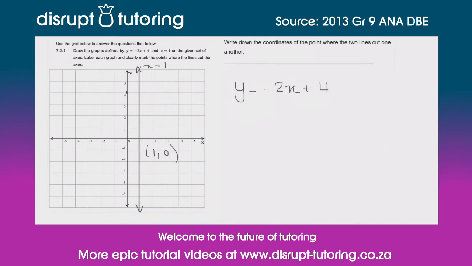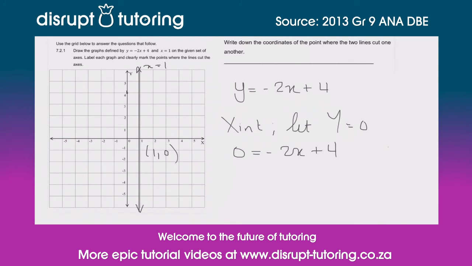Now we need one more point in order to connect the two points and have a complete line. So what I'm going to do is find the x-intercept. We've already got the y-intercept, so let's find the x-intercept. When we find the x-intercept, we need to let y equal 0. So by doing that, into y's place, we put a 0 equals minus 2x plus 4.